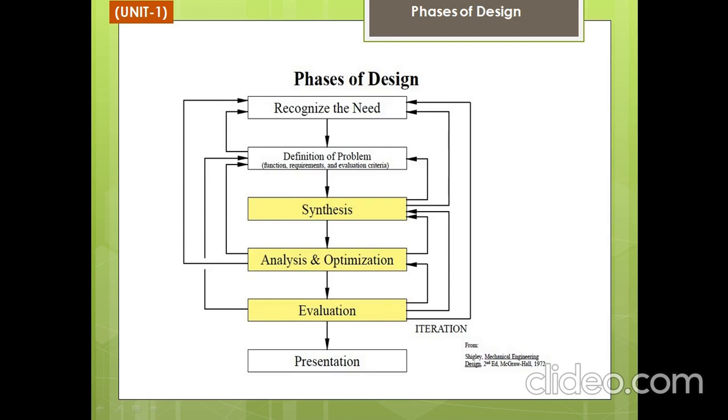Again you have to go to the market survey, and after this iterative process, finally you are able to formulate a problem that satisfies 90 to 95% of the expectation or need of the customer. Clear? Yes, sir. Okay. After that step, the next step is synthesis.